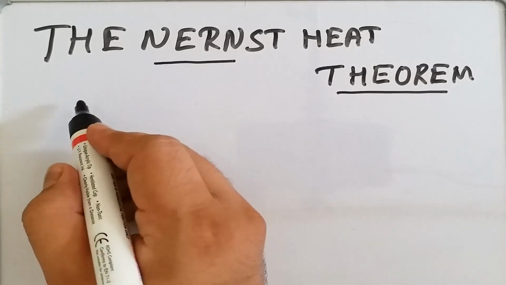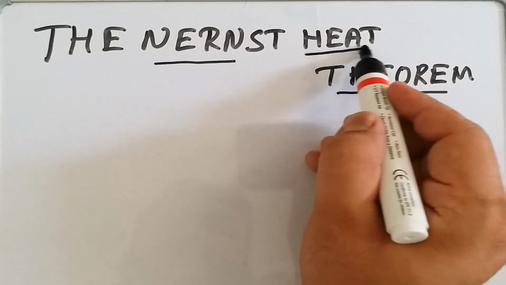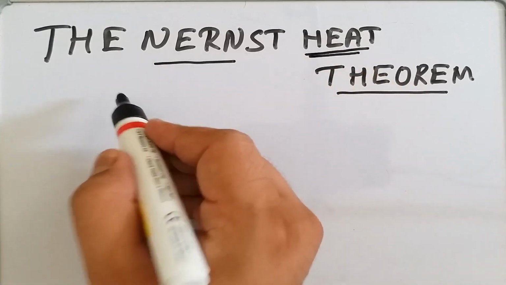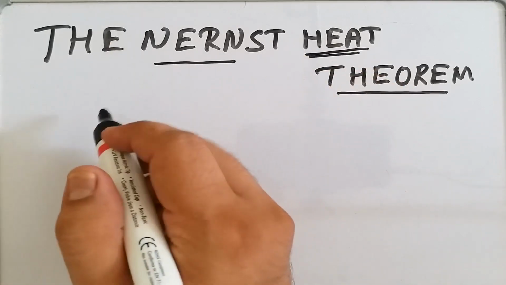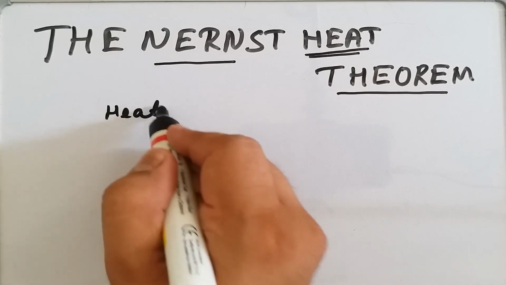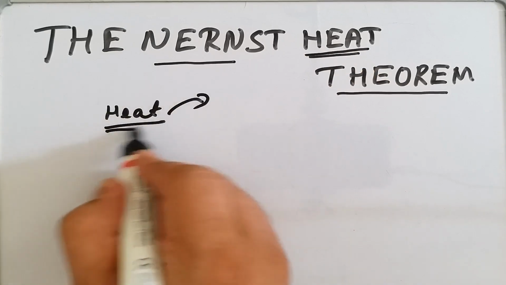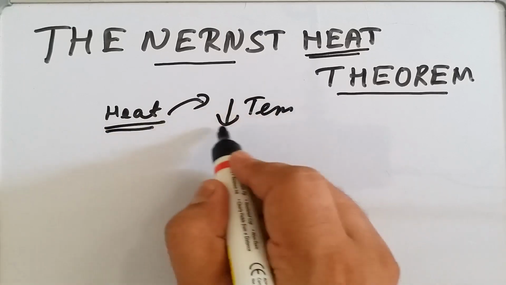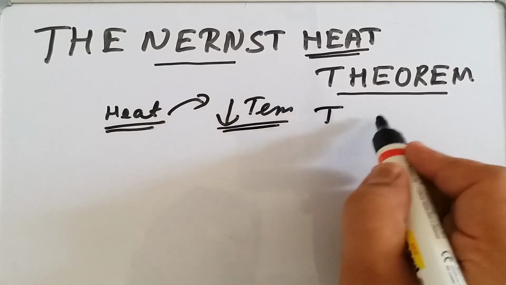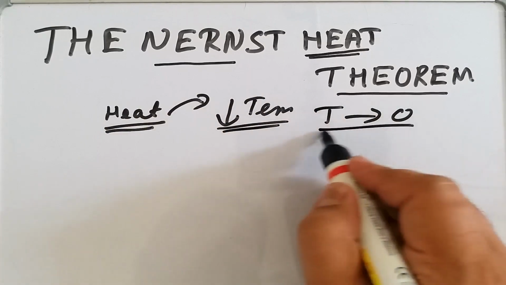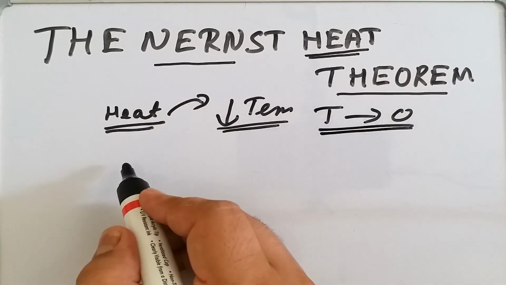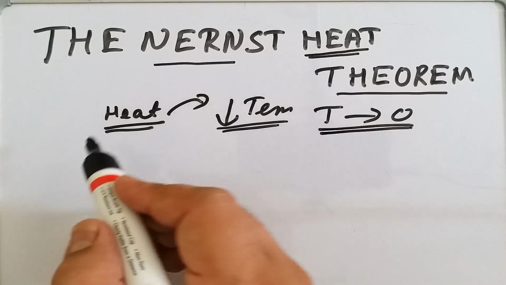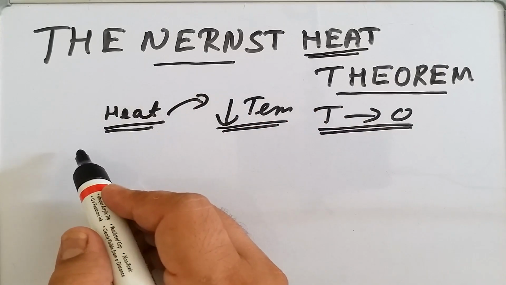It is called the Nernst heat theorem because we are taking the heat out of the system, and as a result the temperature of the system is decreasing, tending towards zero.